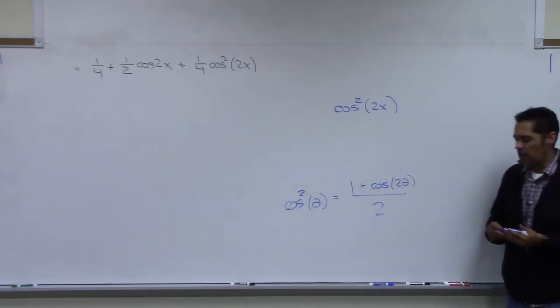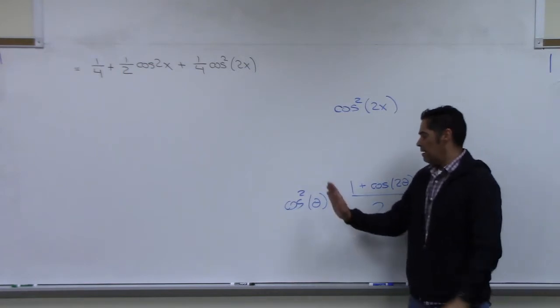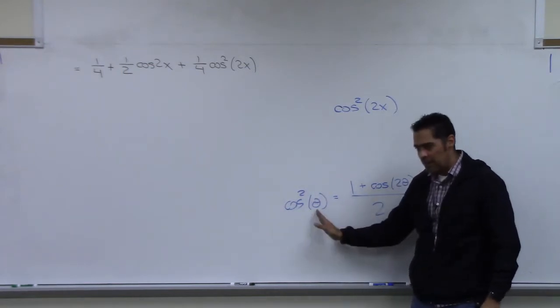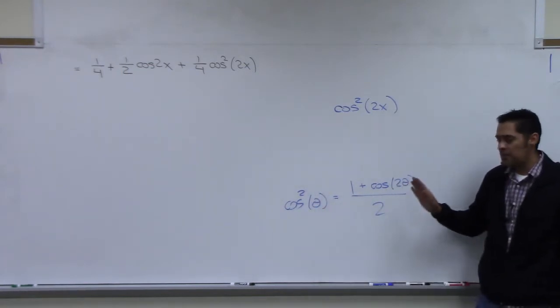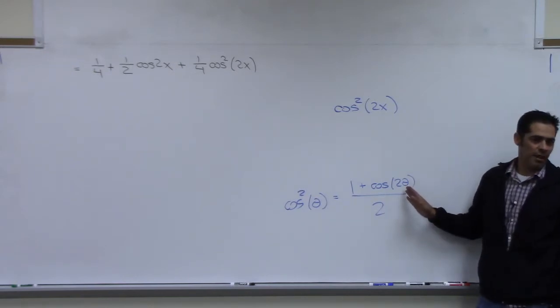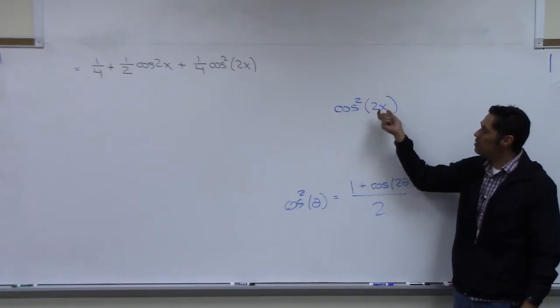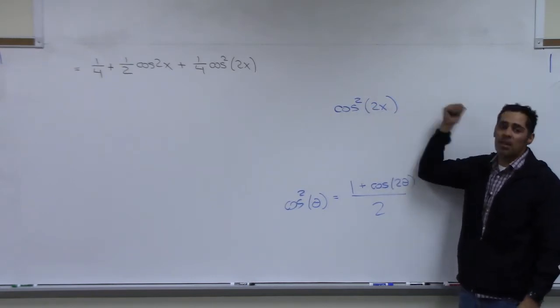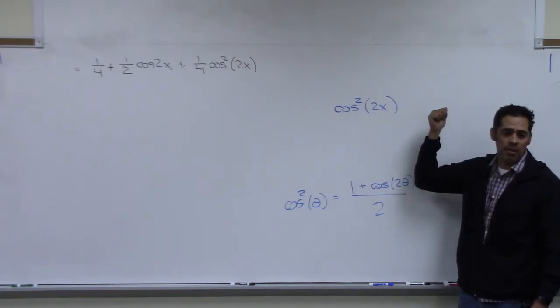And I said, look, what I want you to see is that if you have cosine squared of some junk, in the new formula it becomes double the junk. Twice the junk. So here, if I'm trying to get rid of cosine squared of 2x, it's going to become a 4x in the formula.